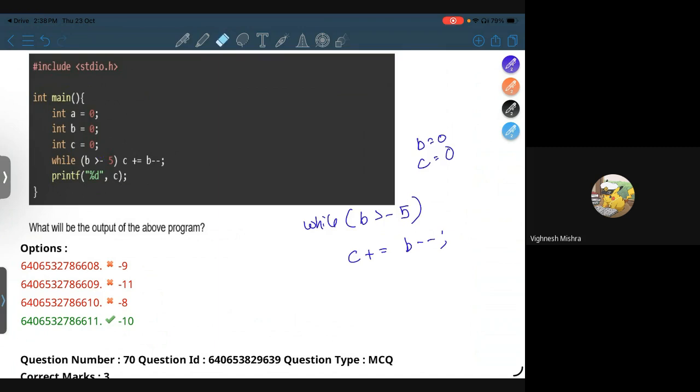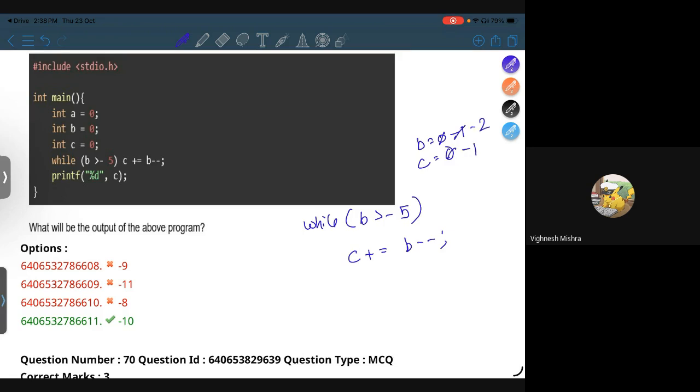Let's solve first. So initially B is 0, and let's assume this is minus 5. So 0 is greater than minus 5. Yeah. So C will be incremented by B. Nothing will be incremented here, and B will now become minus 1. Now minus 1 is greater than minus 5, so C will become minus 1.